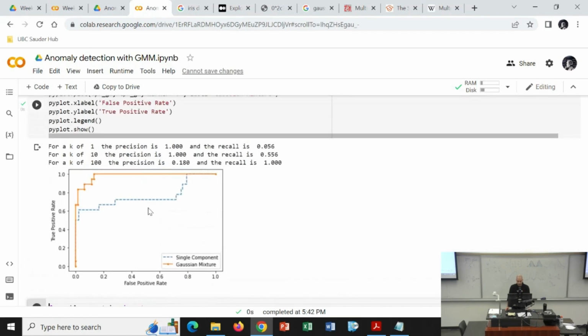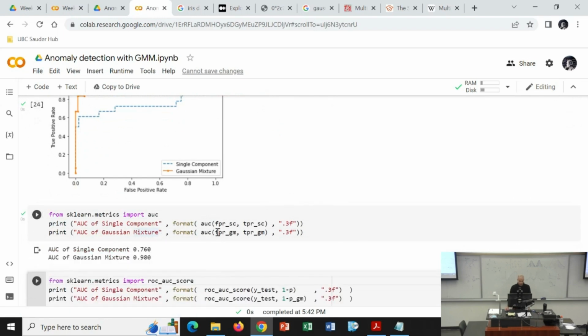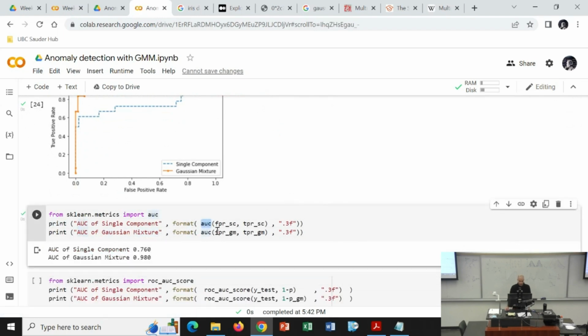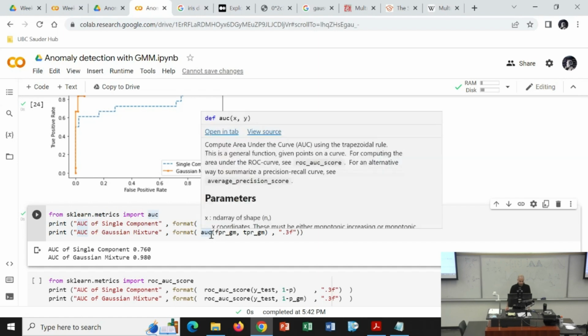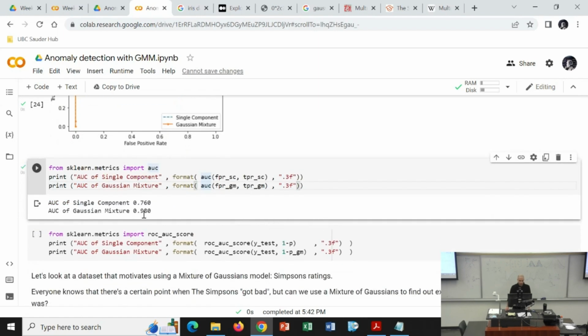If we want to further summarize this, we can use AUC, which is the area under the curve. AUC for this orange one will be very close to 1. This is one method of calculating it.